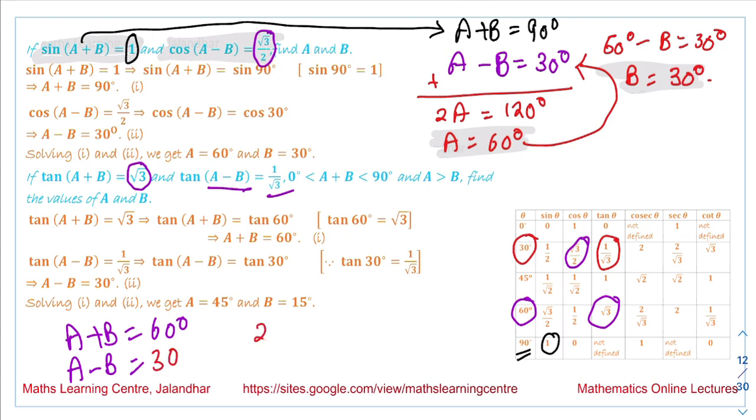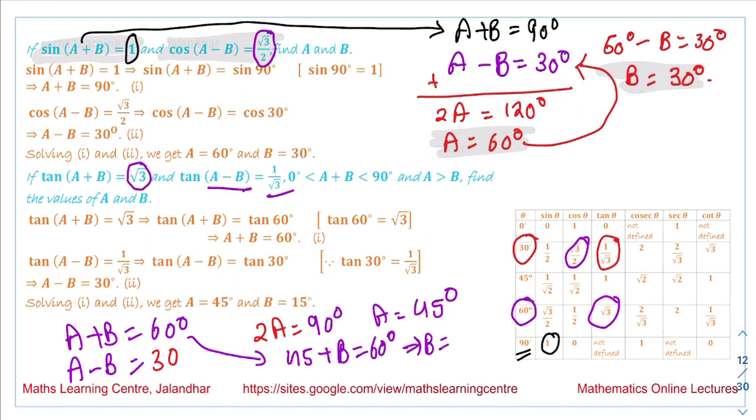If we add these two equations, we will get 2A equal to 90 degrees. So the value of A is 45 degrees. If we substitute the value of A in this equation, it is 45 + B = 60. So we get the value of B, it is 15 degrees. So these are the two values we have obtained, that A is equal to 45 degrees and B is equal to 15 degrees.